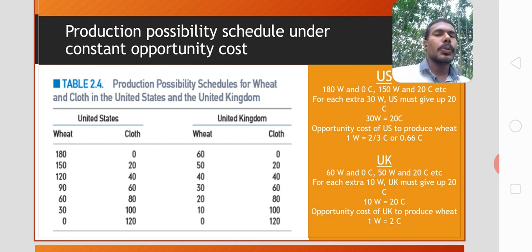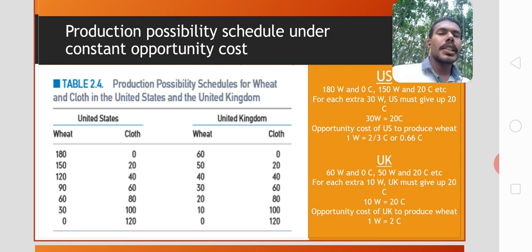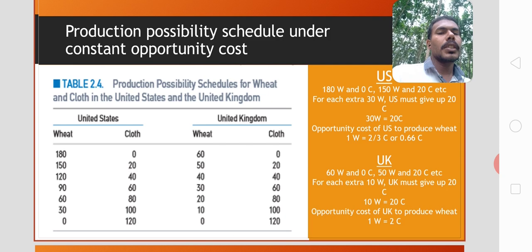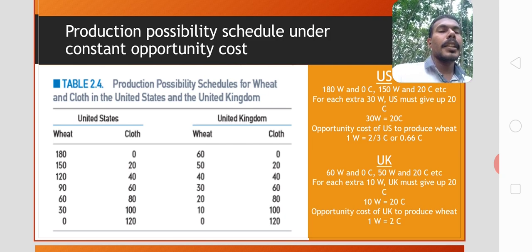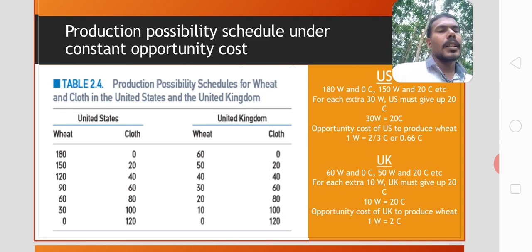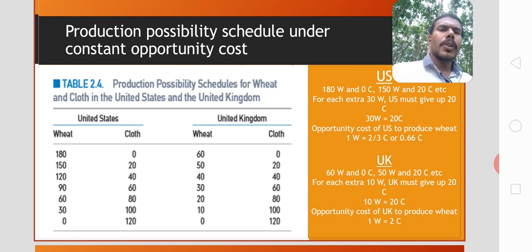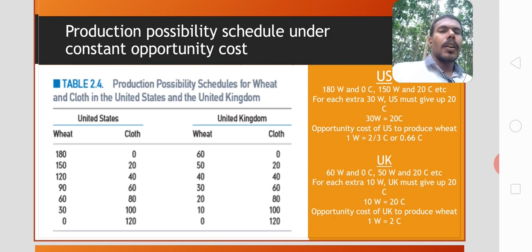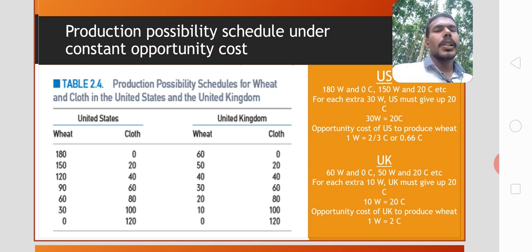So again 30 wheat is equal to 20 cloth, that is 3 wheat is equal to 2 cloth. Again it is 2 by 3, that means 2 cloth by 3 wheat, that is 0.66. So the opportunity cost is the same for all production levels, since opportunity cost is constant.